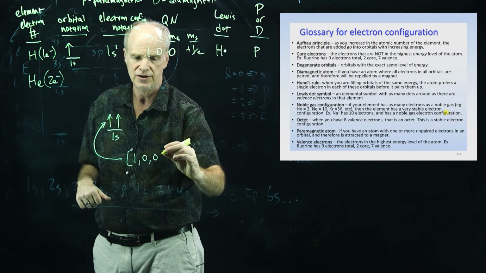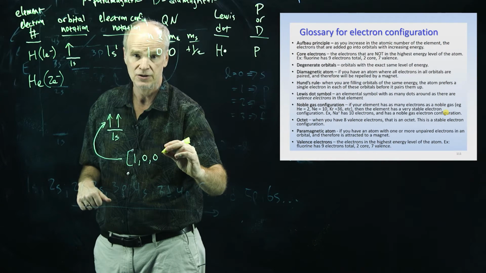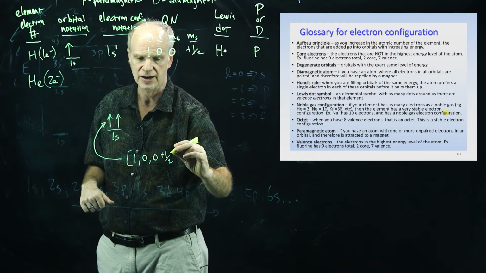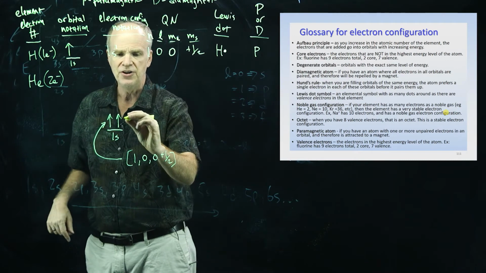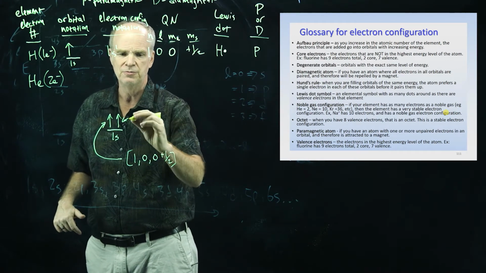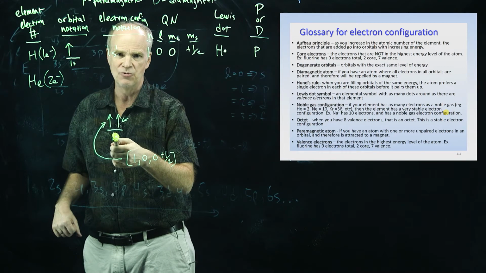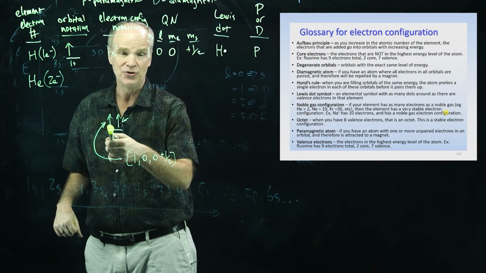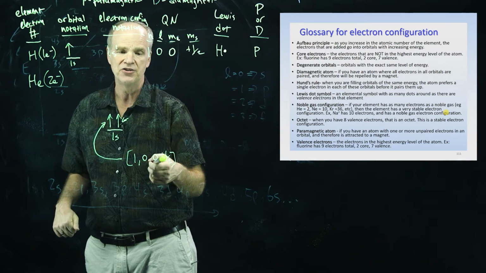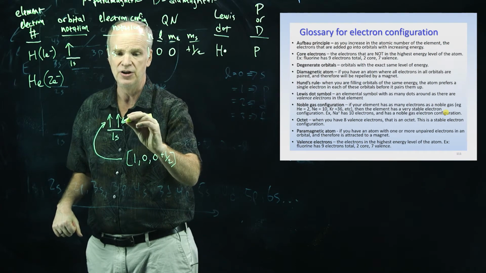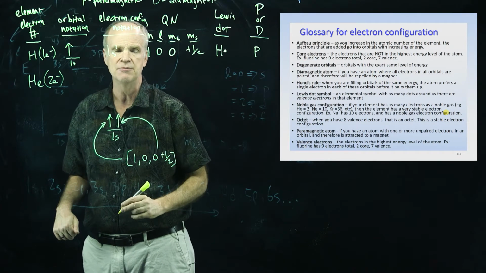And this arrow is pointing up, so it's an electron spinning clockwise, so it's going to be plus 1/2. That would be the set of quantum numbers for that electron. Now this other electron will have quantum numbers too, but it's in the same orbital as the first electron, and it's also spinning in the same direction, so it will have exactly the same quantum numbers.